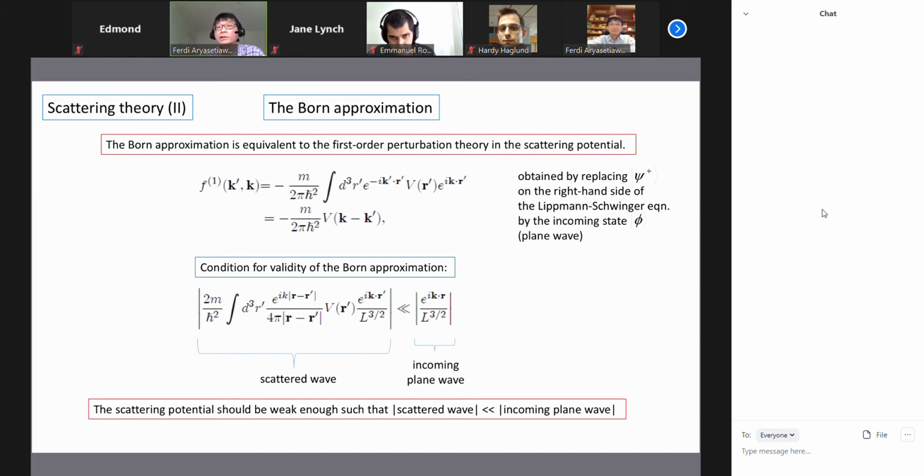So the condition for the validity of the Born approximation, first order perturbation theory, is that the scattered wave, which is this one here, so the amplitude of that scattered wave should be much smaller than the incoming plane wave in the region where the potential is non-zero.